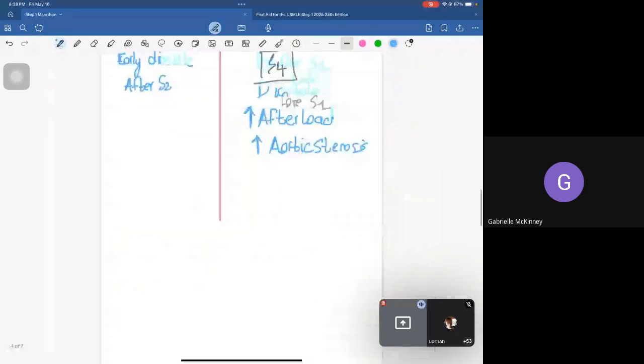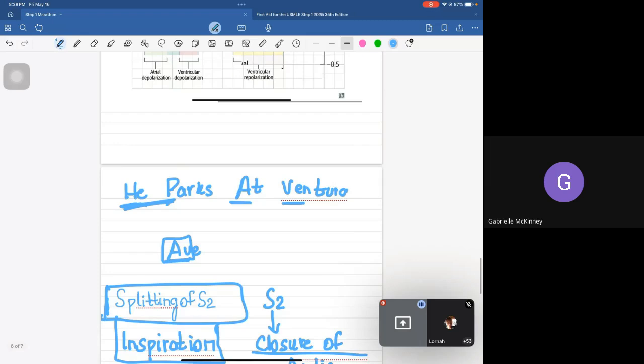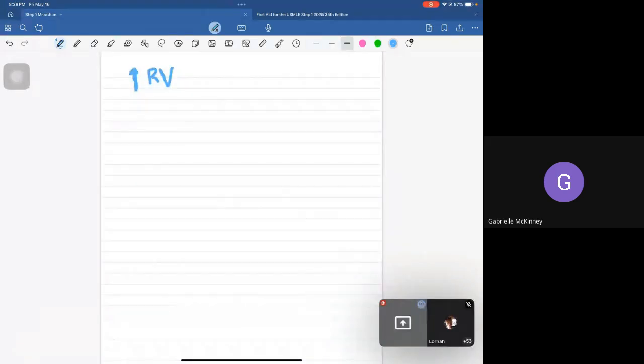So what if I tell you that the right ventricle is taking more time as compared to the left ventricle? Will the pulmonary valve close first, or at a later time? Later, yes, so the pulmonary valve would close at a later time.